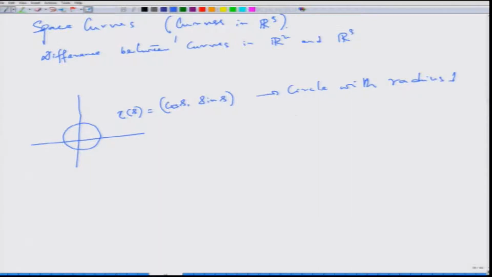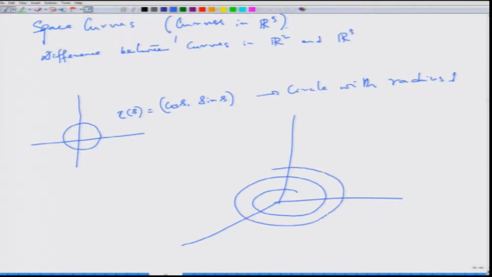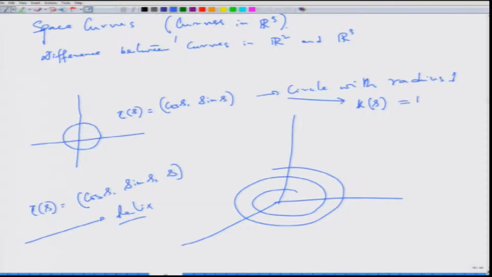Also we have talked about this fellow, which is gamma s equal to cos s, sin s, s, which is a helix. Now, if you calculate the sign curvature of the circle, this will be 1, and similarly for the sign curvature of the helix, this will also be 1.